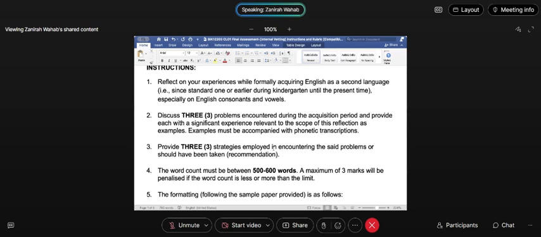Then you can recommend actions, or you can recommend strategies. You can recommend what could be done in order to counter the issues. Okay, so three and three.